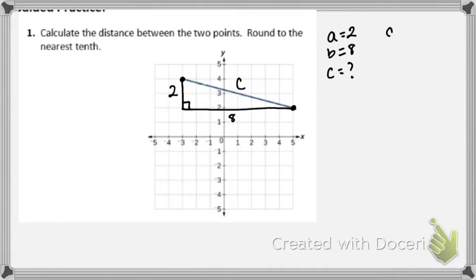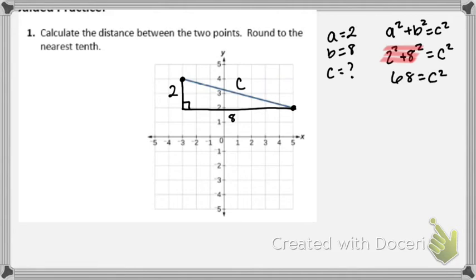So our formula: we have A squared, which is 2 squared, plus 8 squared equals C squared. We're going to put 2 squared plus 8 squared in the calculator, and we get 68.